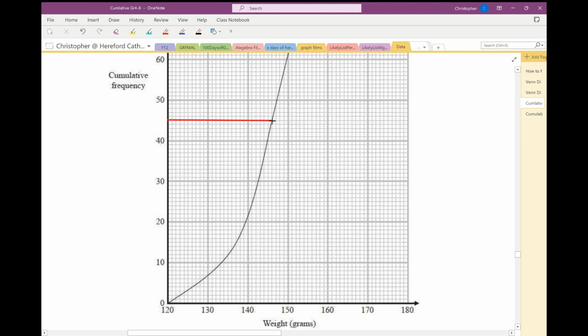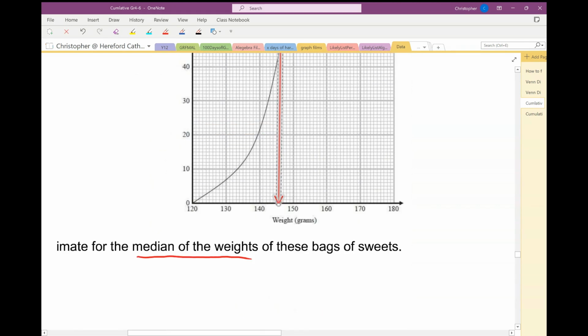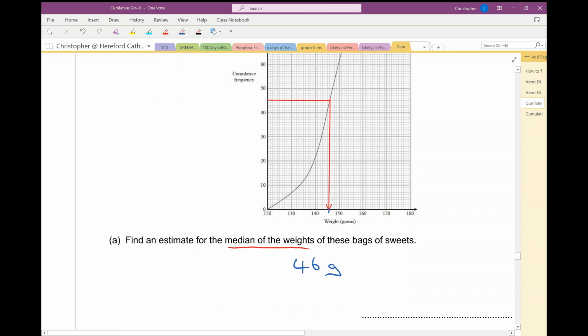So I'm drawing a line across here to find the weight of the 45th heaviest bag, the middle bag. There we are. So my estimate for the median is, what is that? Is that 46? I think it probably is 46. So 46 grams is my estimate for the median weight.